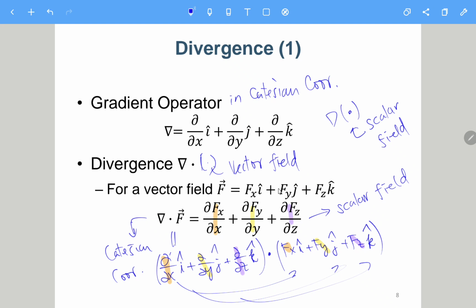We originally have a vector field, and then we have this divergence act on it, and it becomes a scalar field because we don't have any vector in here anymore. Taking the derivative of a component is still a scalar field, and then we add them together.